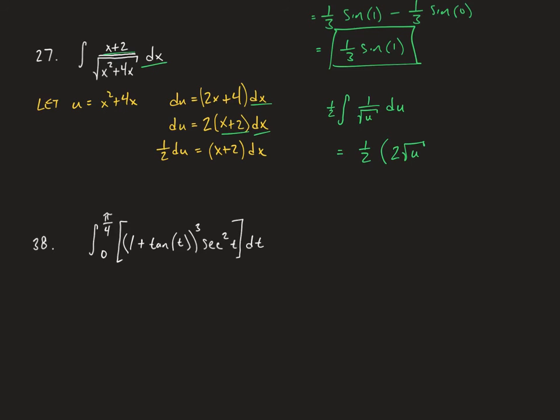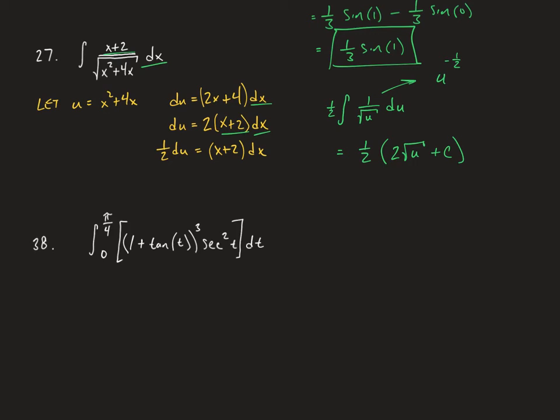And remember that you want to think of this as u to the negative 1/2, so you want to use the reverse power rule there to get the antiderivative. I am going to say plus c because this is an indefinite integral, so I don't necessarily know what my bounds of integration are.